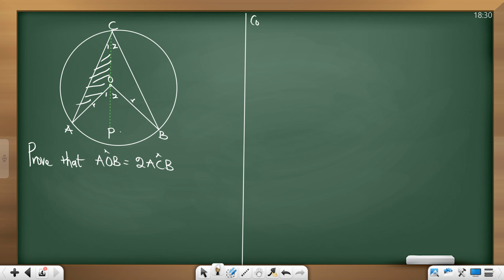Please always write your construction. Construction, what are we doing? Join, let's say COP. Is that fine? Different writers but mean the same thing. Join COP. Now, angle A is equal to angle what? C1. Angles that are opposite equal what? Sides.